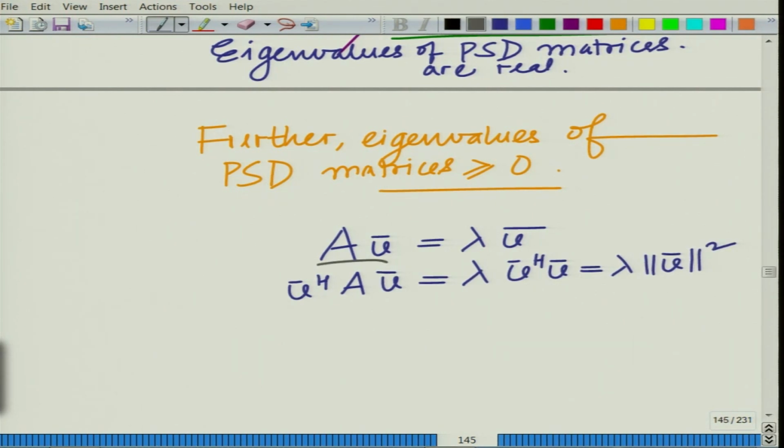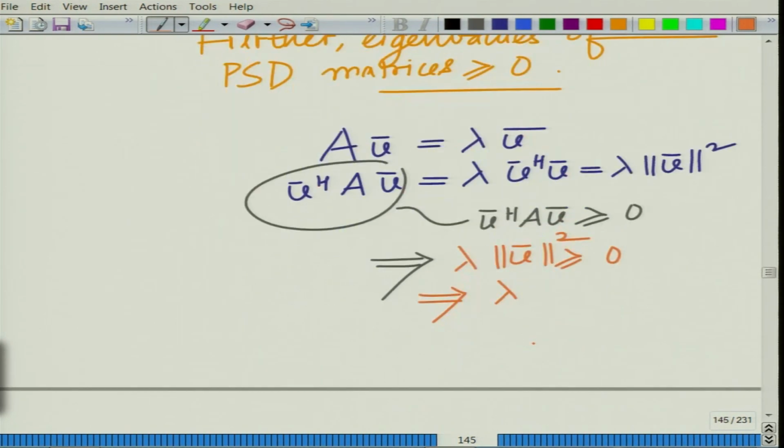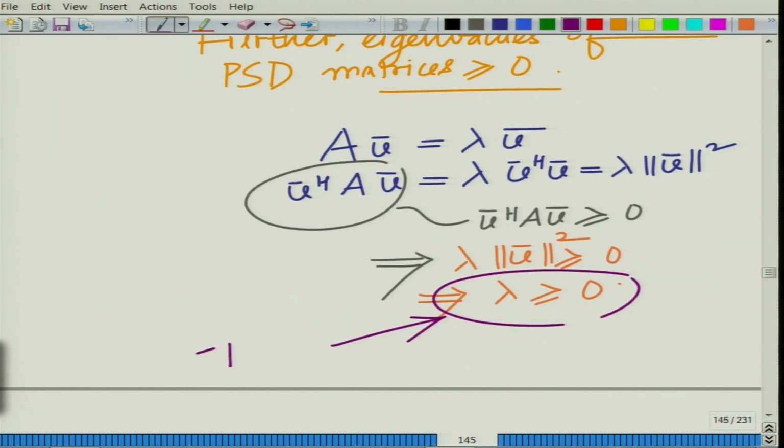Now, you know from the property of the PSD matrices, u bar Hermitian A u bar is greater than or equal to 0, that is the left hand side is greater than or equal to 0, which means the right hand side lambda norm u bar square is also greater than or equal to 0, and norm u bar square is the square norm, which is always greater than or equal to 0, which implies that lambda is greater than or equal to 0.